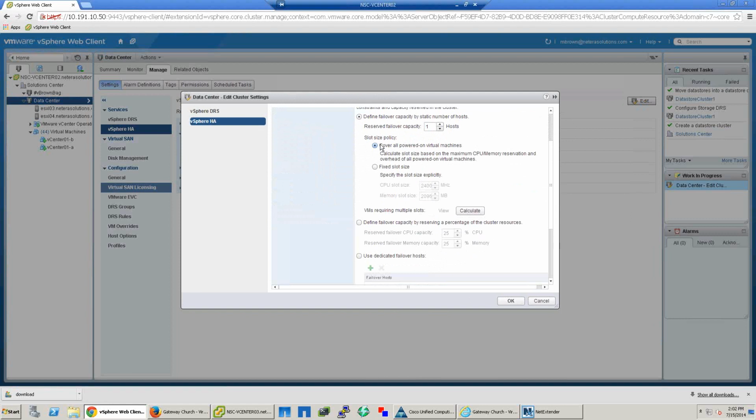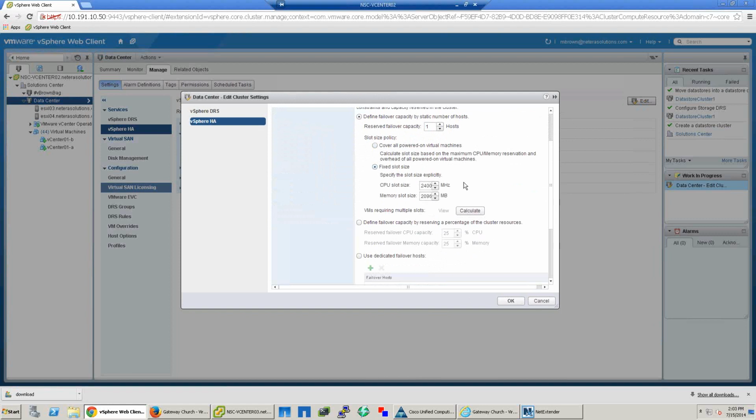The idea that you have one VM with large reservations that totally messed up your slot sizes and affected how many virtual machines you could restart should there be a failure, or how many VMs were restarted by HA should there have been a failure.